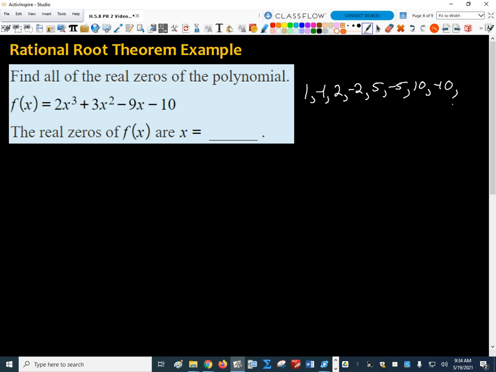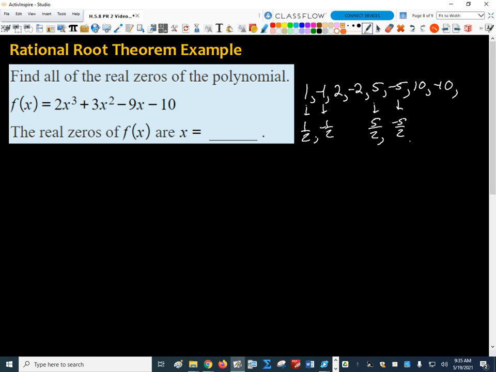Okay, and if we continue our list with 2 on the bottom, these two are going to give me 1/2, -1/2. Those are giving me 1, and -1 I already have. 5/2, -5/2, and then 5 and -5, which I already have.